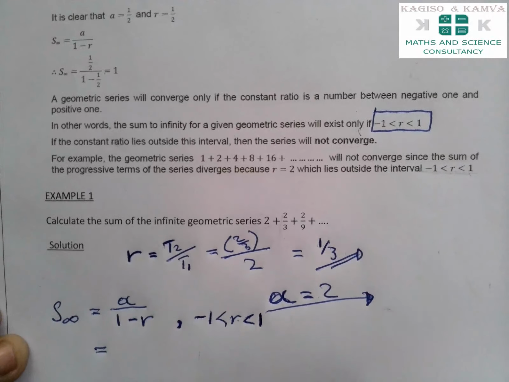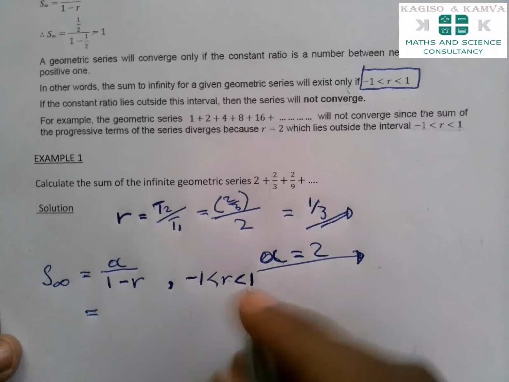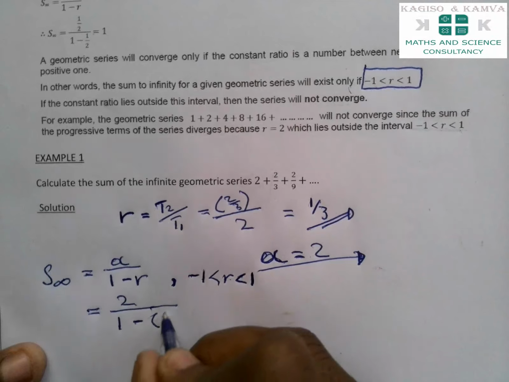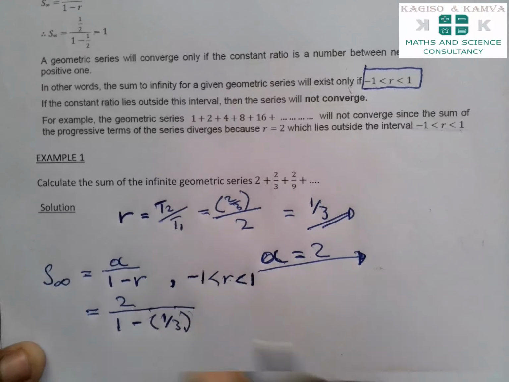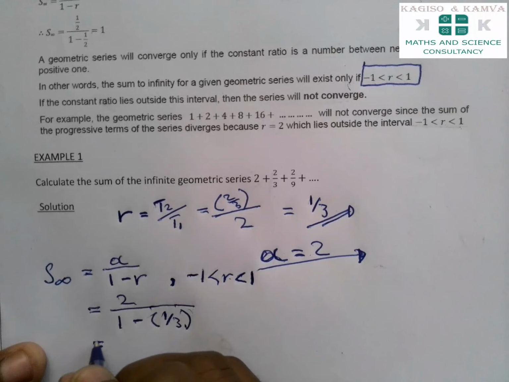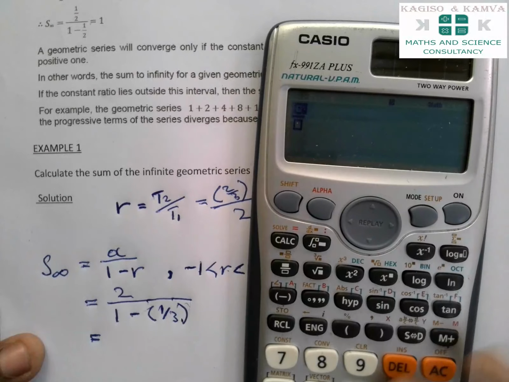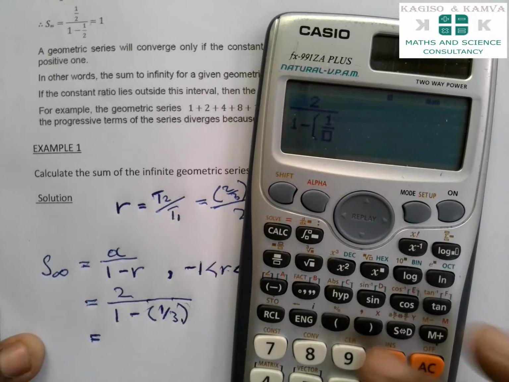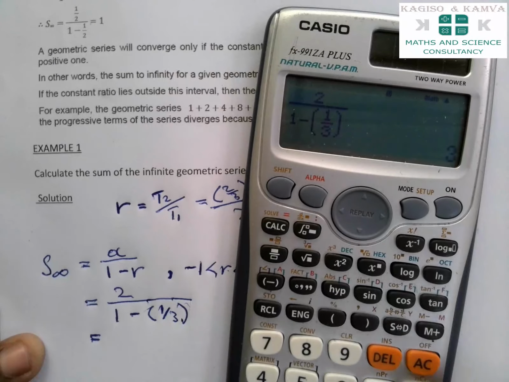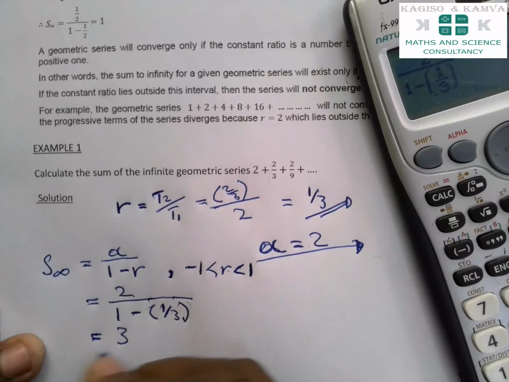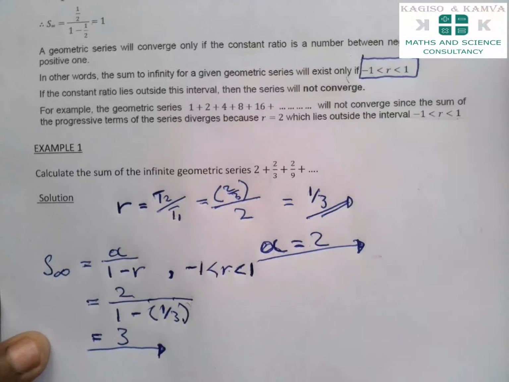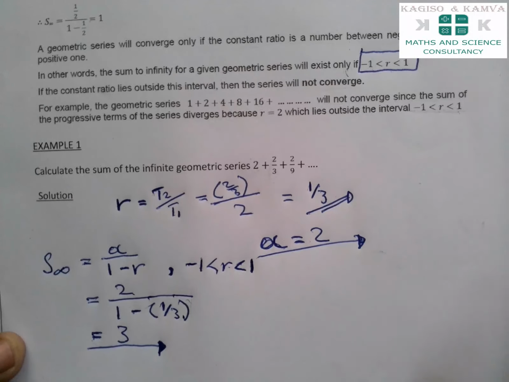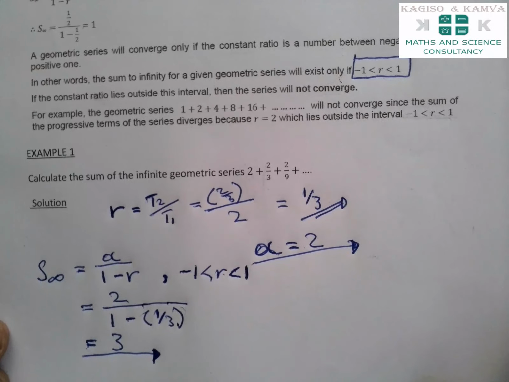So the sum is 2 over 1 minus 1 over 3. Our answer here is 3. So the sum of this series will converge to 3. Okay, good.